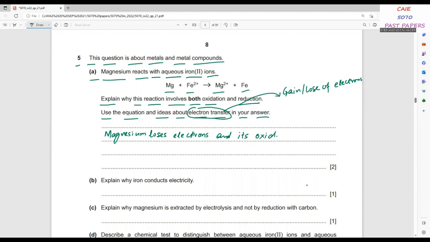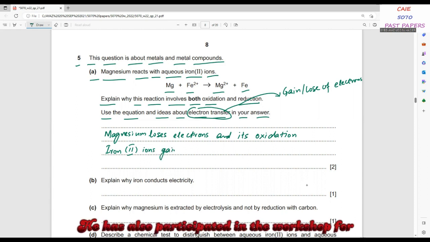Oxidation is the loss of electrons and reduction is the gain of electrons, which means that iron 2 plus has gained electrons and it is reduction. So you will write iron 2 ions gain electrons and it is reduction.